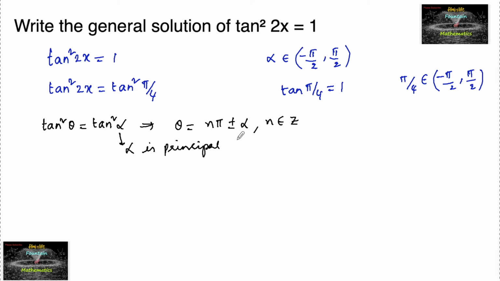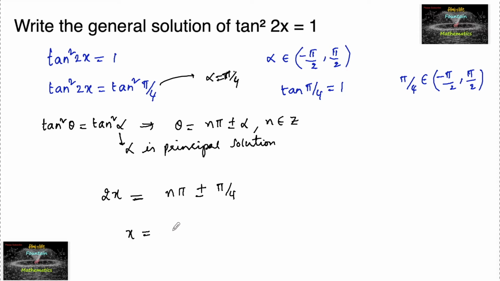So in this case, alpha is equal to pi by 4, the principal solution. Therefore, we can write 2x = theta, which is equal to n pi plus or minus alpha, that is pi by 4.